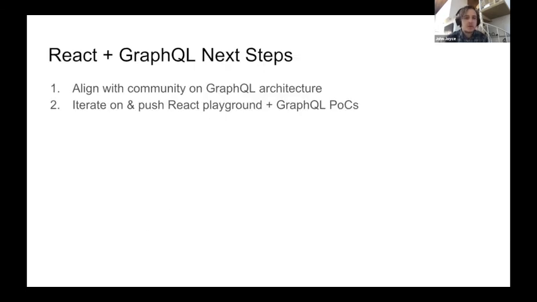So, just a quick wrap up. Next steps for these proposals are to align with the community on some of the open discussions around the GraphQL architecture, as well as some of the remaining open details on the React side.